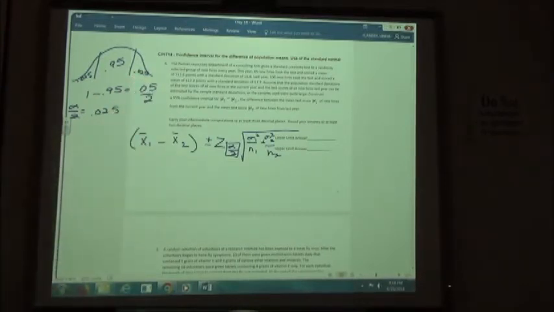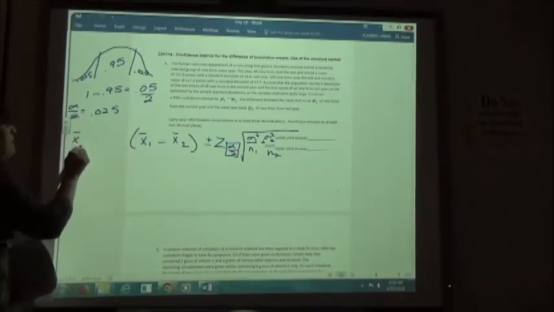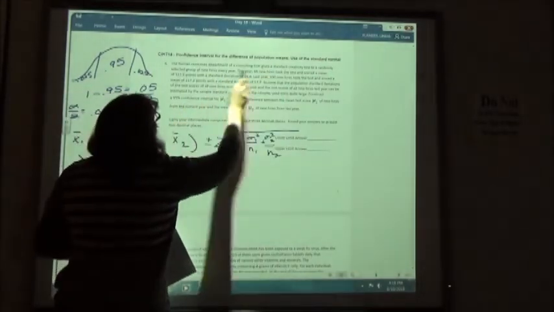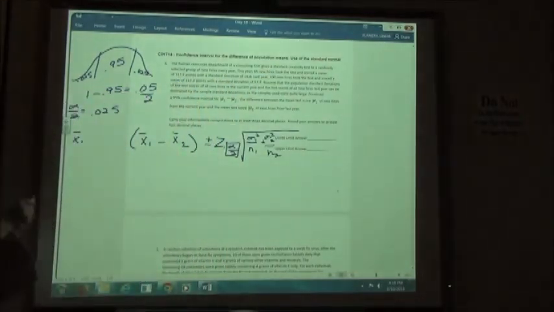Those are percentages. Okay? So in my problem, sample mean 1 is my current year. The mean for the current year was 112.8.